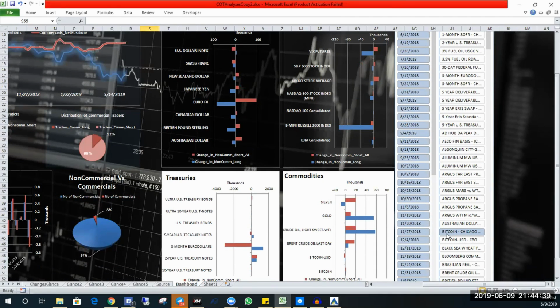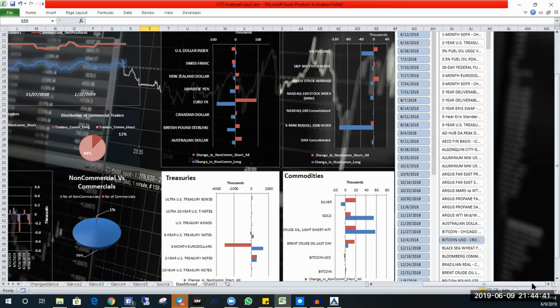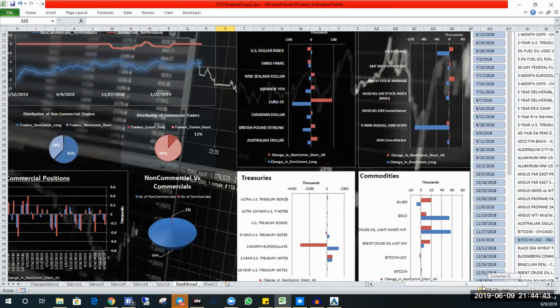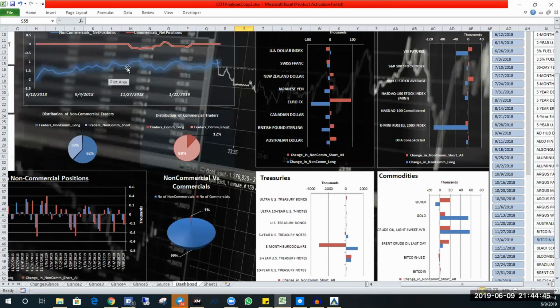Bitcoin USD is still pushing higher, but we might be looking at an extreme at this level since November 27th, 2018. So it's possible that price may reverse at this point. We need to be mindful of that.